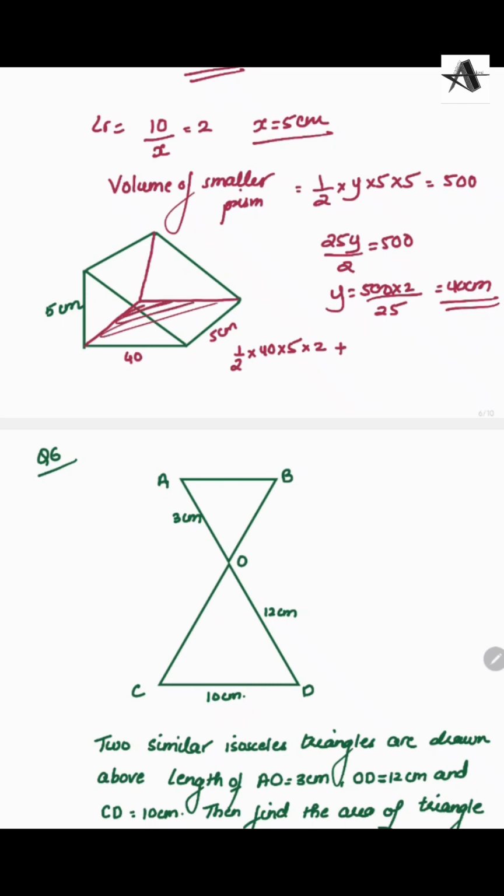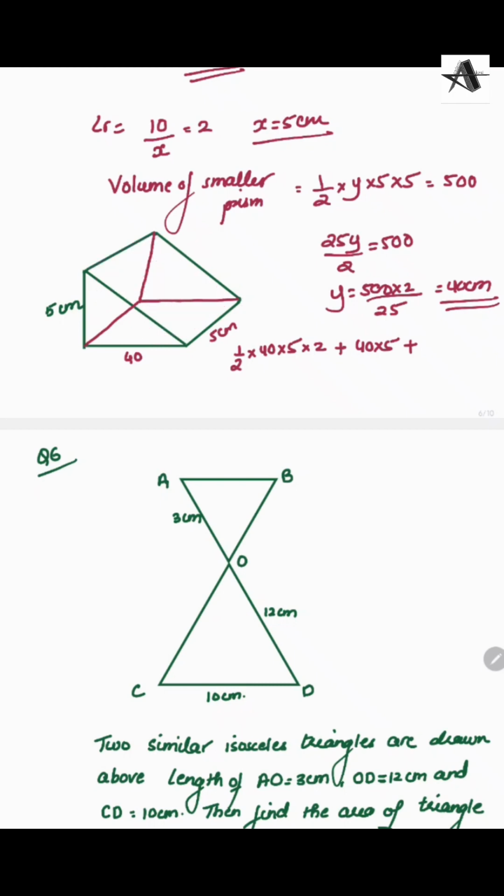I'm talking about now the bottom rectangle. This is a rectangle which is length into width, so 40 into 5, plus this one we have to calculate, so length into width. So this length we have to calculate, width is 5.